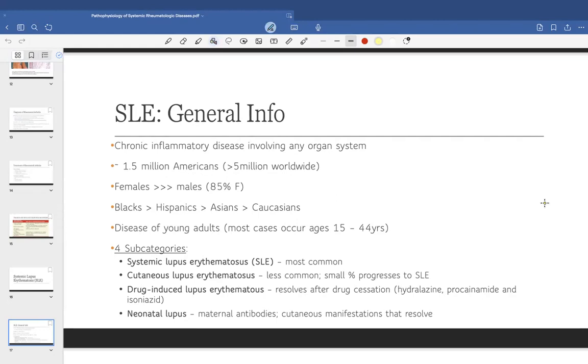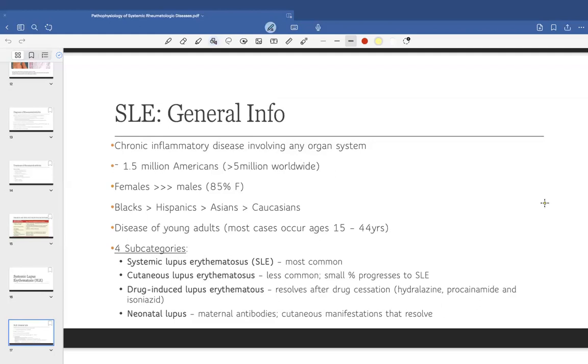Okay, it tends to be a disease of younger adults, with most cases occurring between the ages of 15 and 44 years of age. So it can have a significant impact on life if it's not addressed early. There are 4 subcategories.